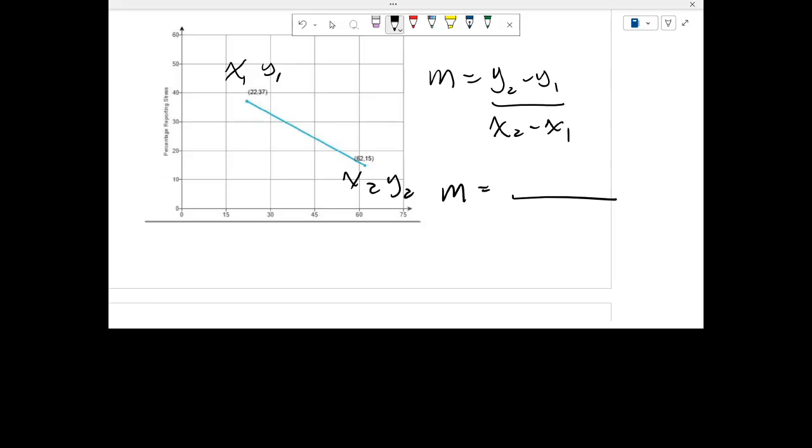So look, y'all, Y2 is the number 15 minus my Y1 number 37. And then X2 is the number 62 minus X1 is 22. And let's see what we come up with, all right?